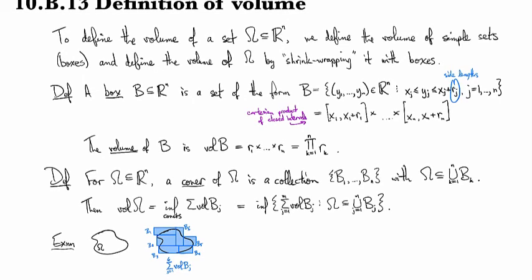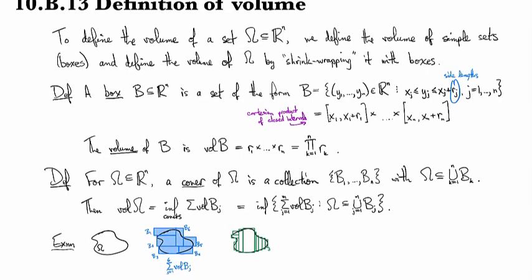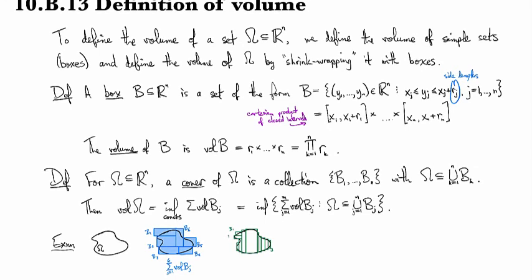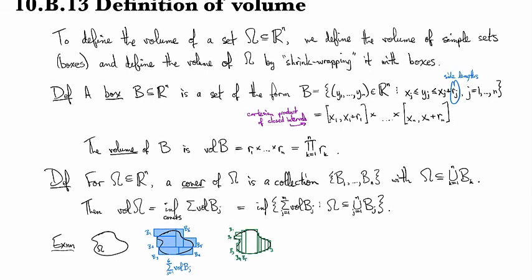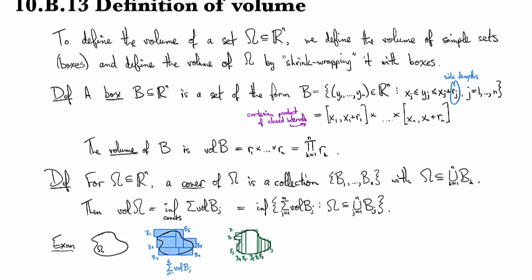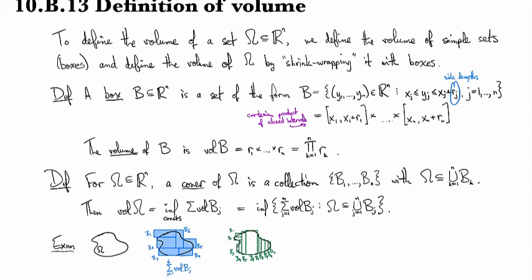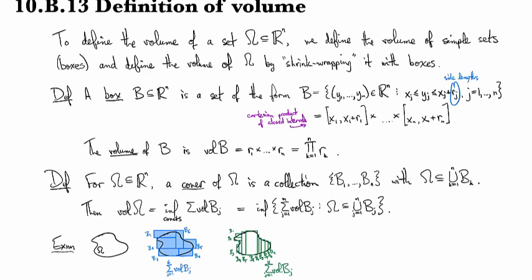So I might do something a little more accurate. Maybe I'll take this one instead. Now I've got B1, B2, B3, B4, B5, B6, 7, 8, 9, 10, 11. So I had 11 B's in that one. The measurement I get is the sum over j equals 1 to 11 of the volume of the Bj.